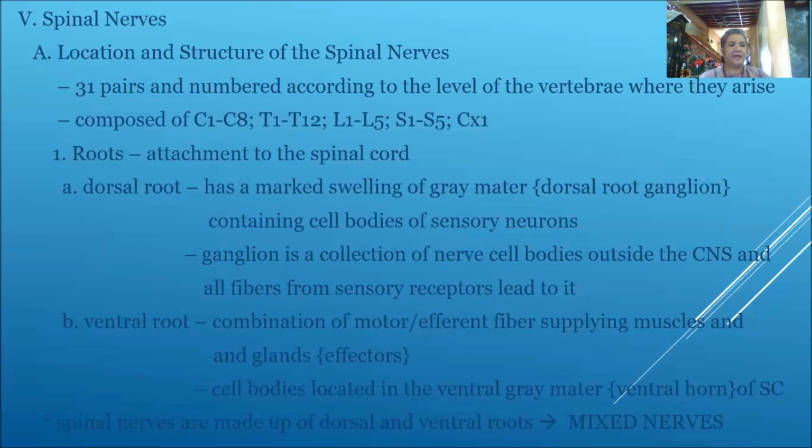I want you to justify, please answer this question, why there are 8 cervical spinal nerves when there are only 7 cervical vertebrae. Because if you will notice, there are 12 thoracic spinal nerves, and there are 12 thoracic vertebrae.